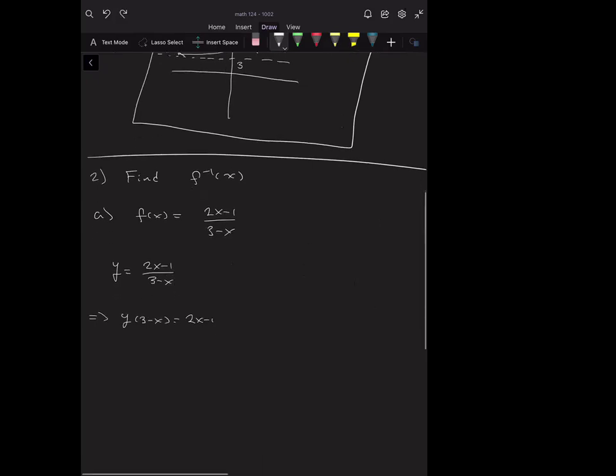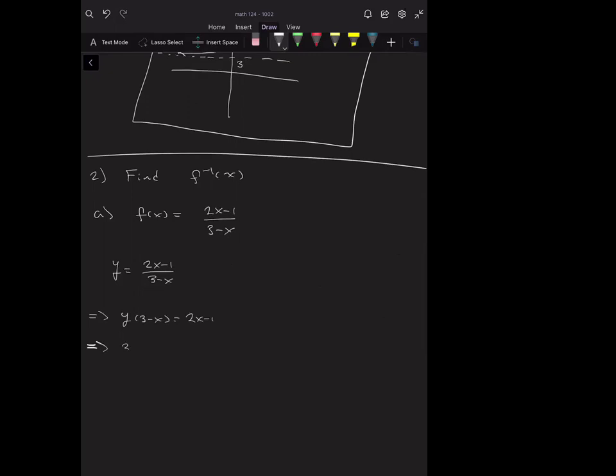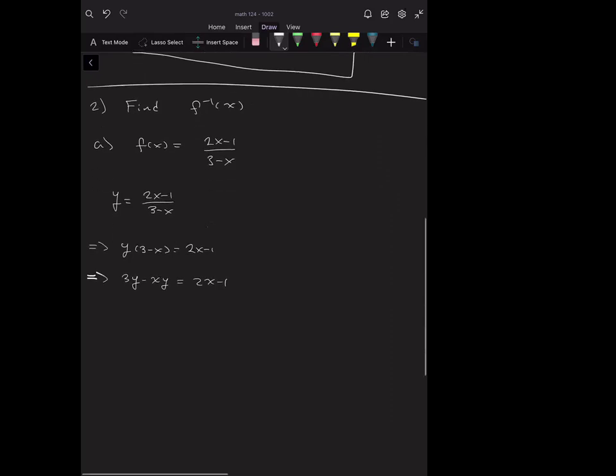Then we can distribute the y. So we're going to have 3y minus xy is equal to 2x minus 1. Now let's get the x's on the same side and everything else on the other side. So we could add the xy over to the right, and then we could add this 1 over to the left. So doing that, we will have 3y plus 1 is equal to xy plus 2x.